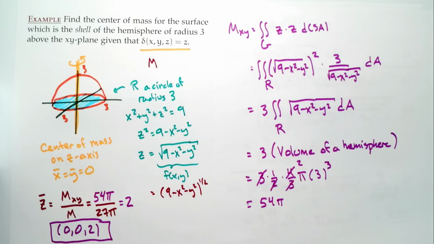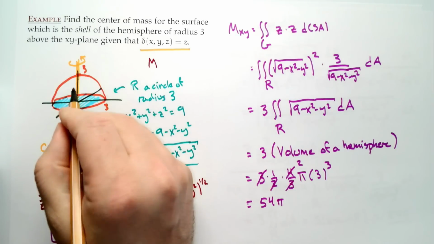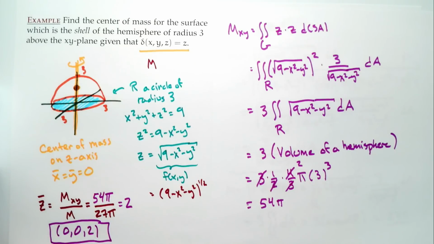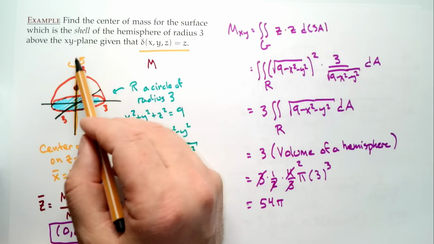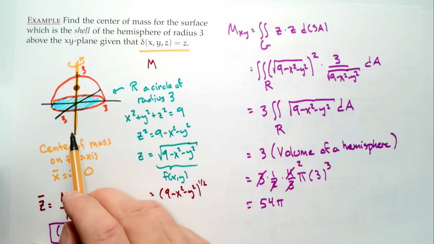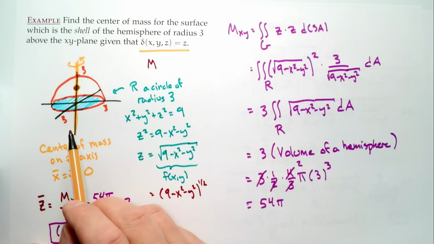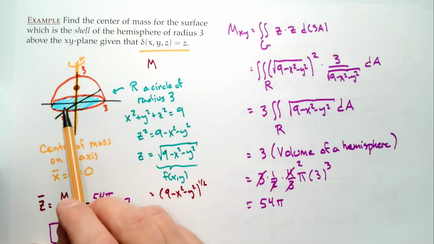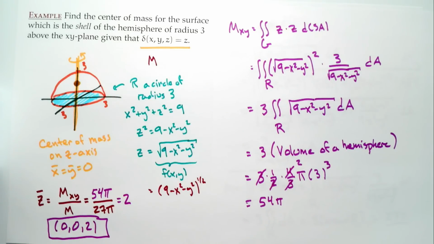Well, we should always ask, is this a reasonable answer? Now, one thing is, it should somehow be more or less close to the center. Now, the good news is, 0, 0, 2, it'd be somewhere around here. And that says, all right, that's definitely convincing, because if it was 0, 0, 4, that's probably impossible. Or if I got a negative number, also impossible. And we might say, well, okay, so it seems to be slightly biased towards the top, because it's height 3, and we're at 2.